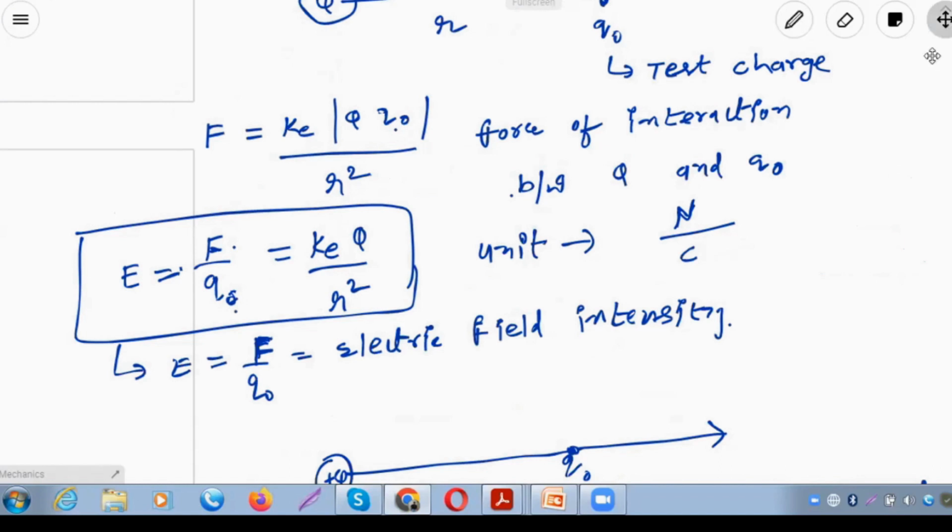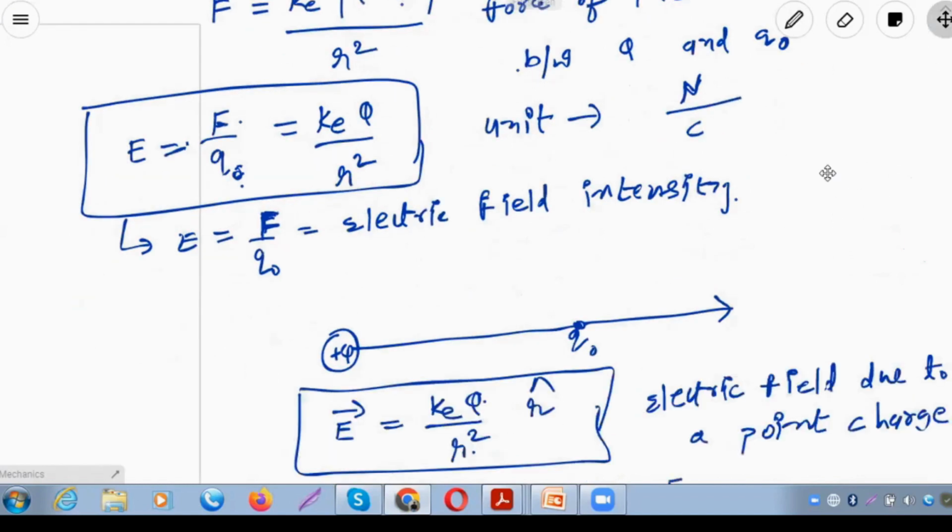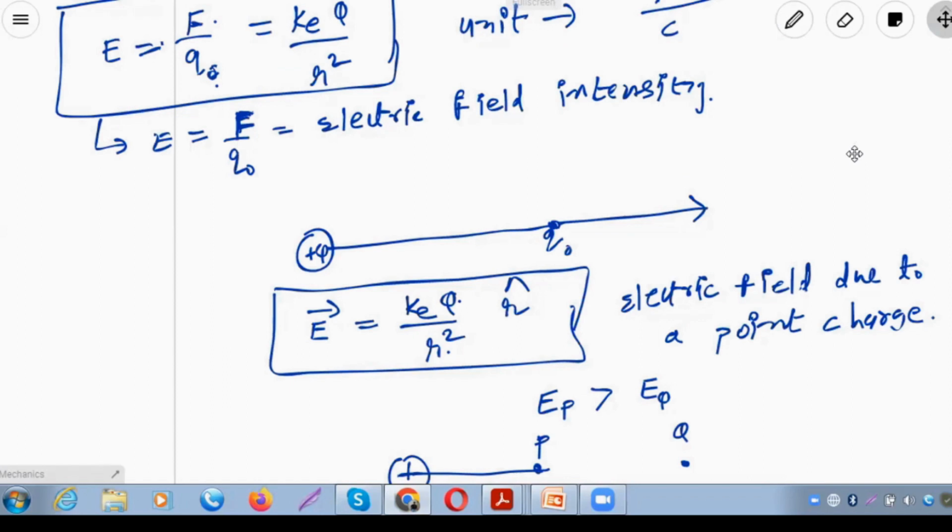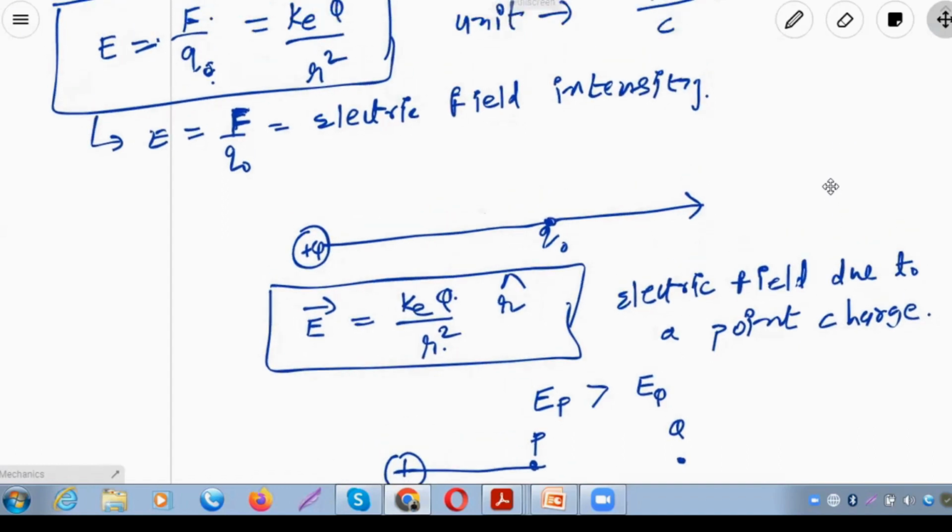So electric field is the magnitude of the electric force per unit test charge. That is called electric field intensity.